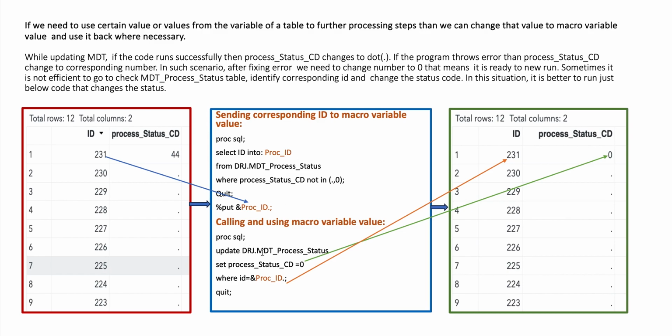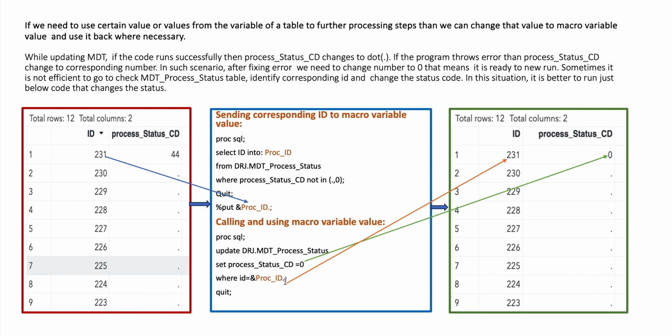The next step, now calling and using the macro variable value, in proc SQL we are going to update the table drj.mdt_process_status and set process_status_code equals to 0, where id equals &proc_id.